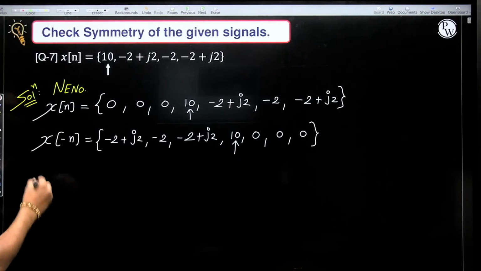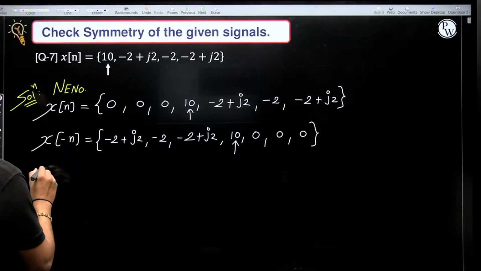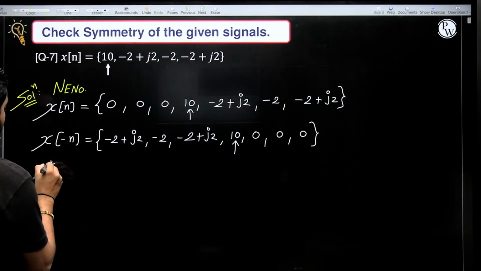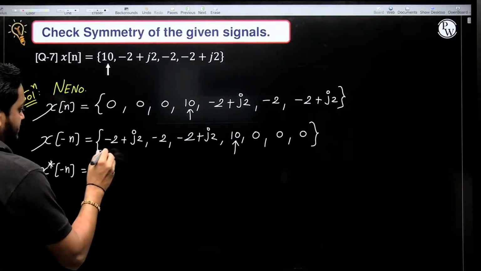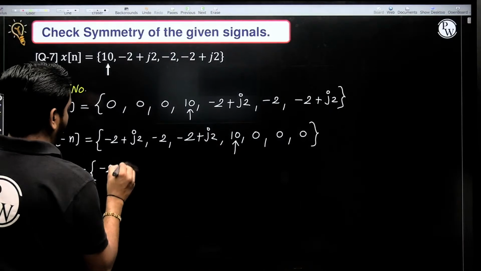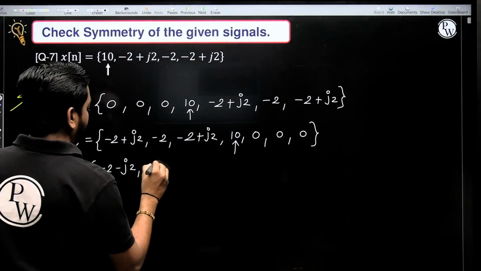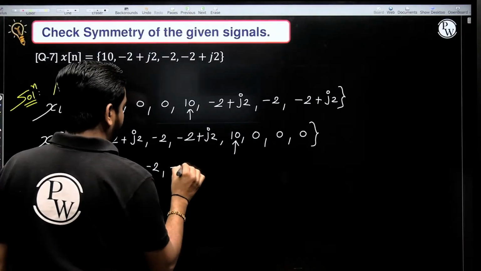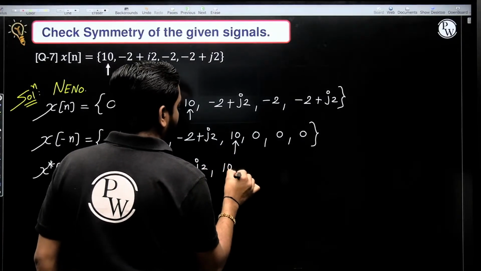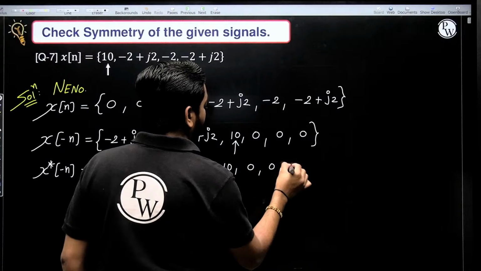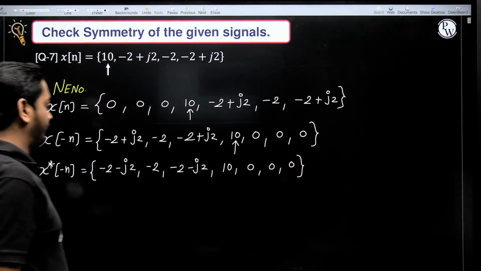Now see here, complex value signal, that's why conjugation also required. Conjugation means plus j become minus j become plus j. This is minus 2 minus j2, is minus 2 minus j2, 10, 0, and 0.